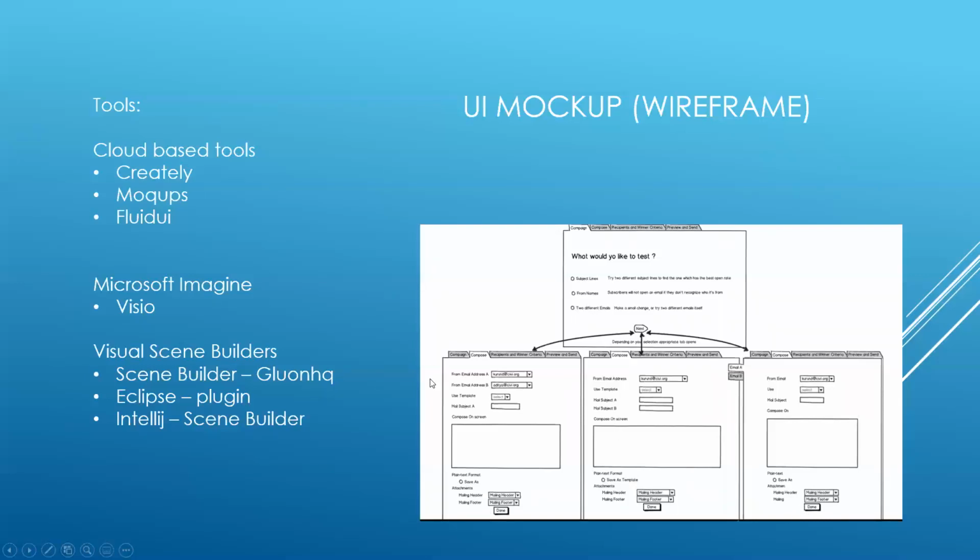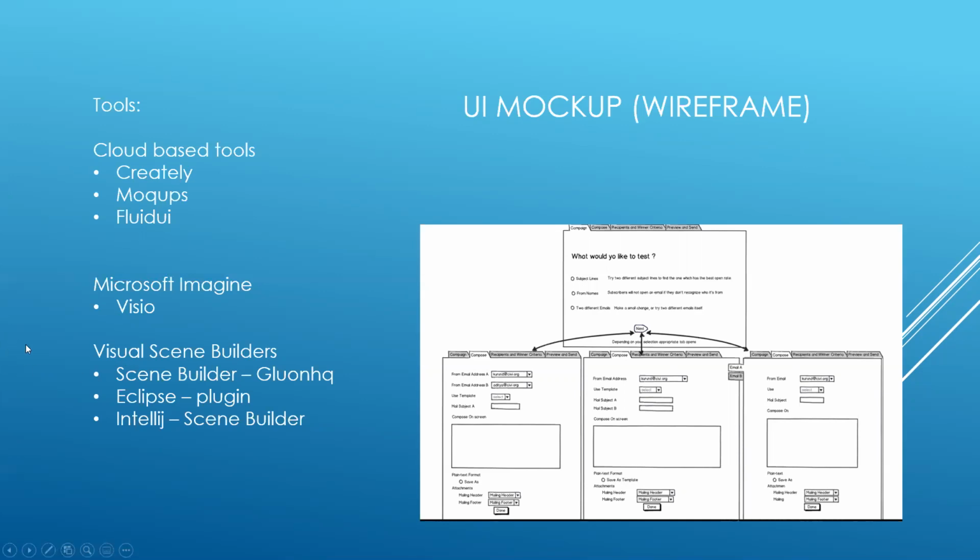Now, how do we create these interfaces, all of these nodes? Well, we have a couple different ways, and I'm going to show you both of the different coding methodologies that you have. For doing a mock-up like this, there are lots of tools available. You can use Creately, mock-ups, some other cloud-based things. You could use Microsoft Visio. Microsoft Imagine has kind of changed, but we'll be able to find it before the semester's over, I hope, and find Visio if you would like it.